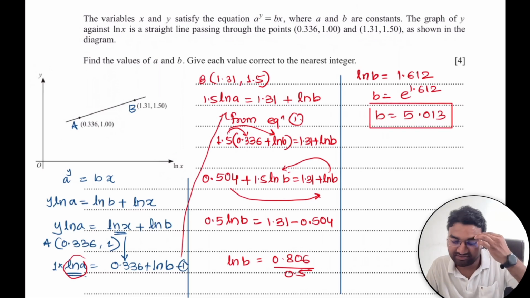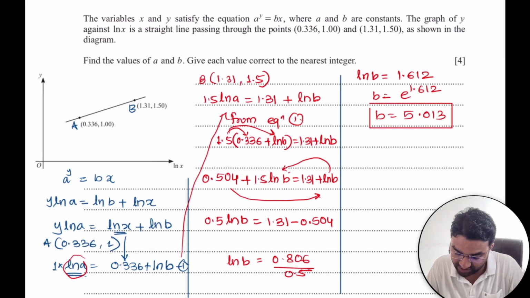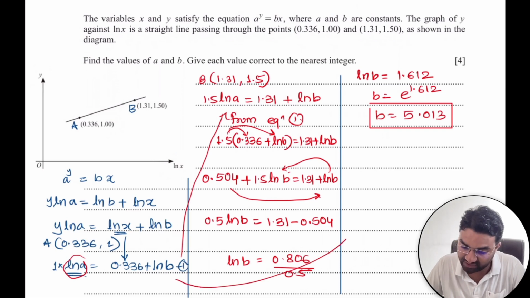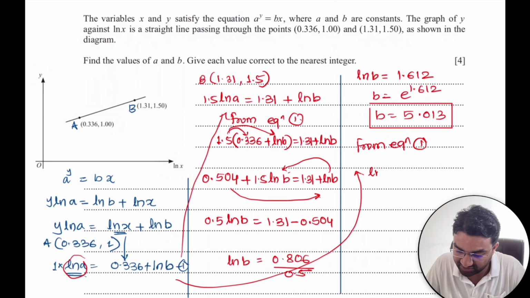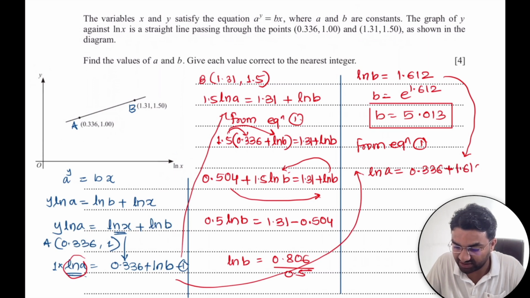Fine. Then from equation 1, we can utilize it to find the value of a. So ln a = 0.336, and here use this ln b value of 1.612.